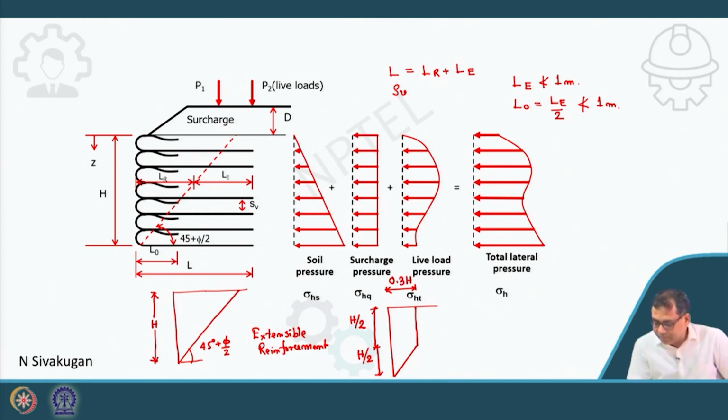So, it's very simple, you take 0.3 h and then draw a line up to h by 2, then join this point. So, you will get your failure mass, or failure zone. Okay. So, this is applicable for inextensible reinforcement.